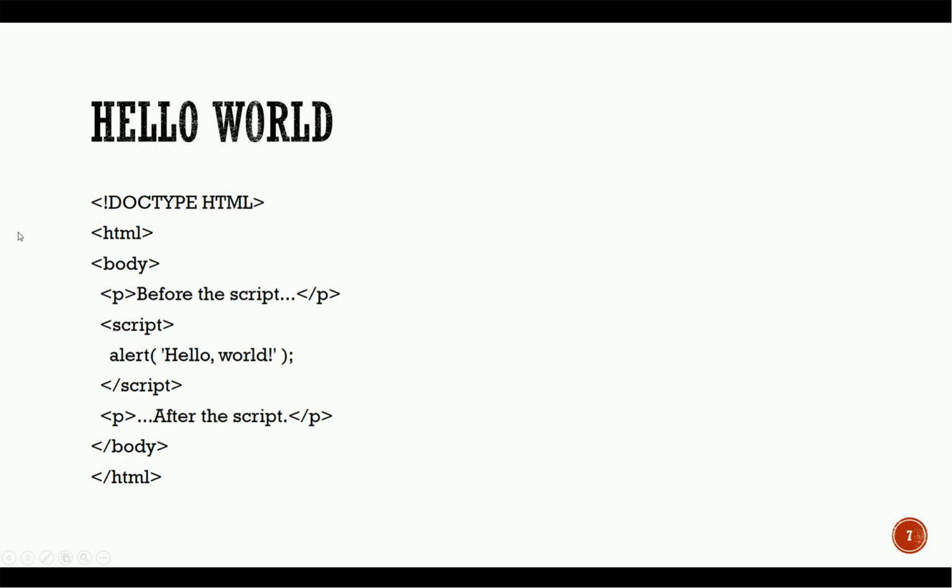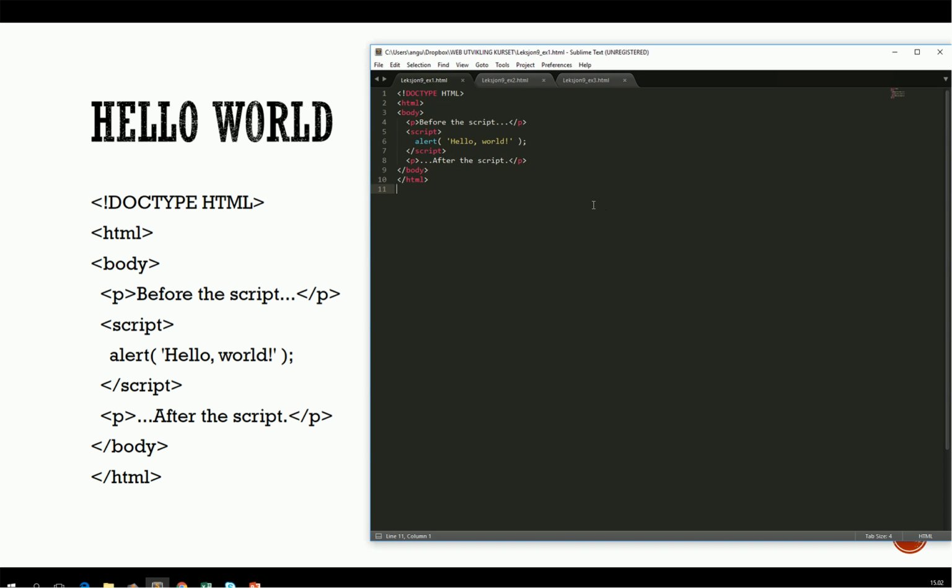So I would like to show you a demonstration from here. This is a simple basic HTML5 document, and I embedded a piece of script inside the body tag. Of course, we can put it here, for example.